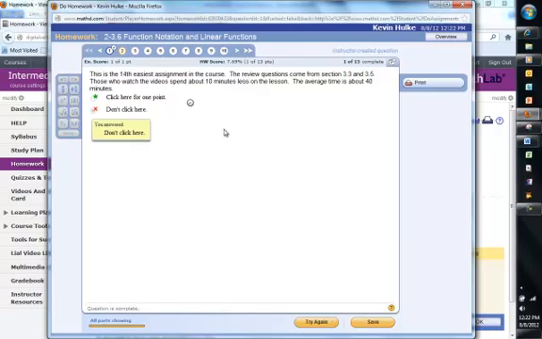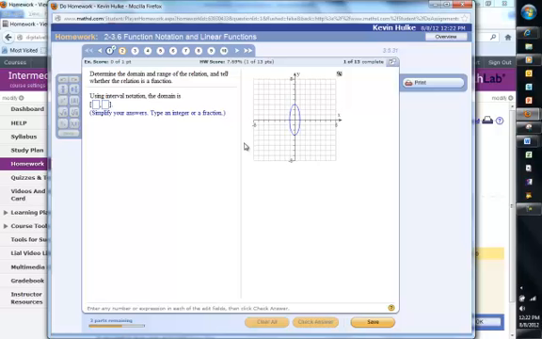Determine the domain and range of these relations. Now, these are relations because if you do a vertical line test, on all the points between -1 and +1, you run across the graph twice. So the domain, the choices for x's, are from -1 to +1.